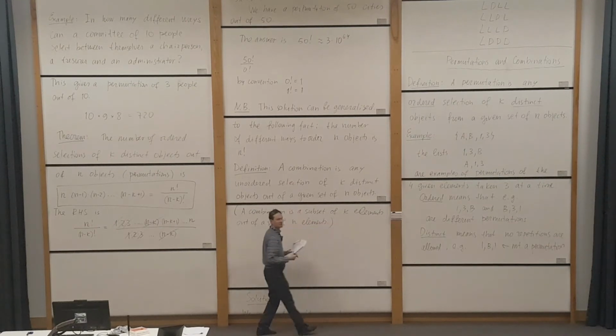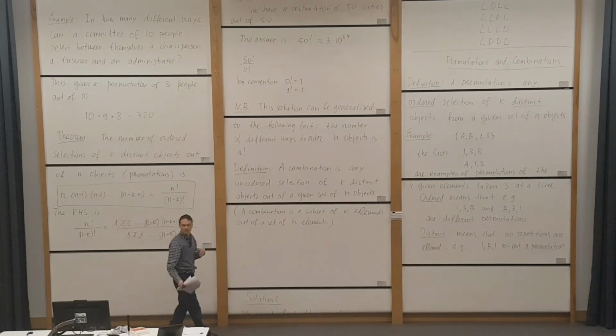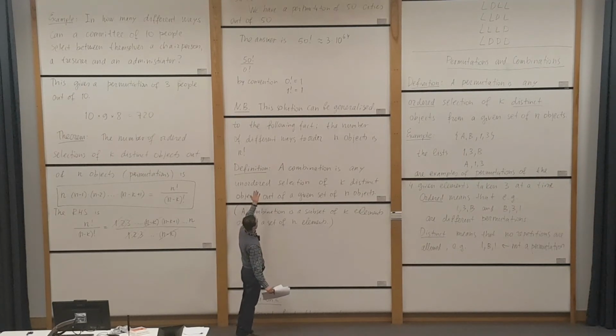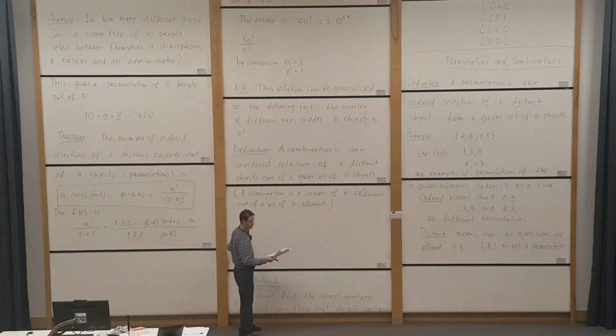Because we know in sets the order doesn't matter, it's just a collection of objects, and repetitions are not allowed. So it's exactly what we're dealing with when we define a combination. So you can think of it as a subset.